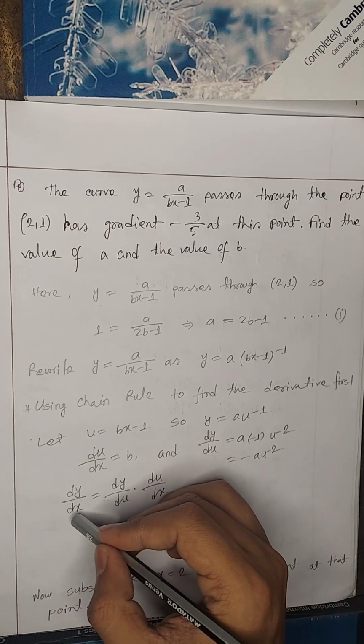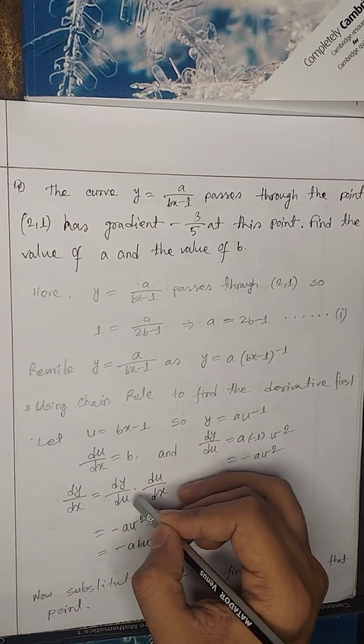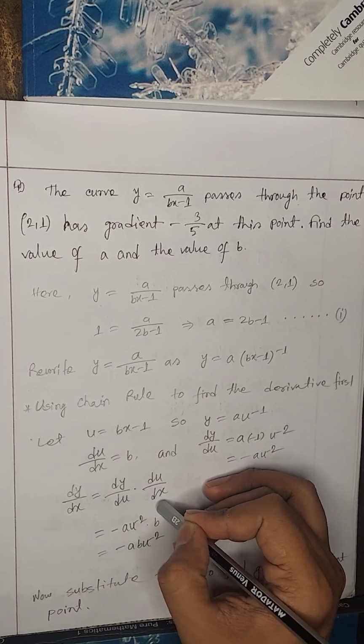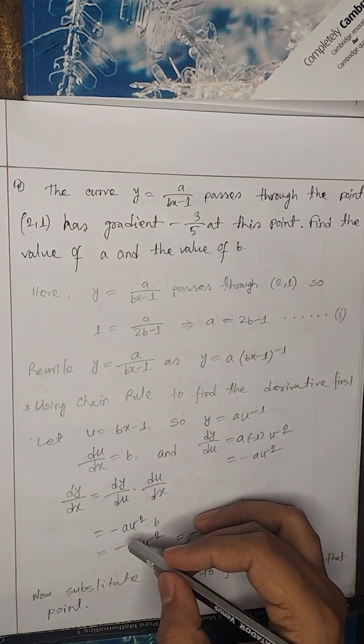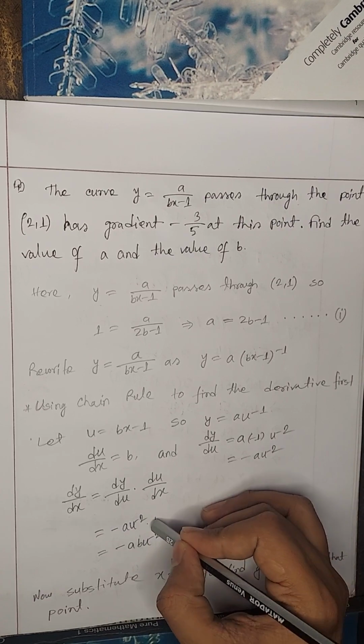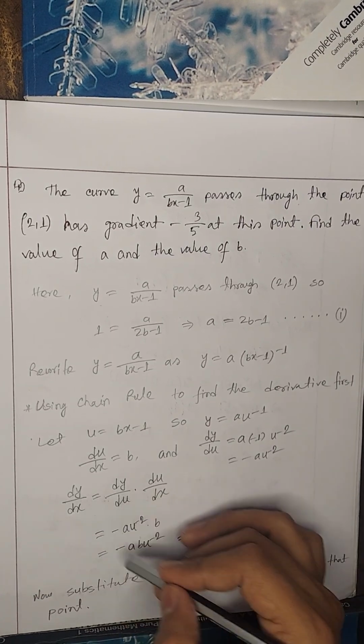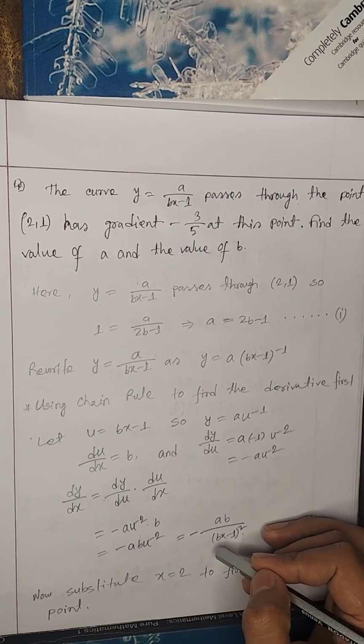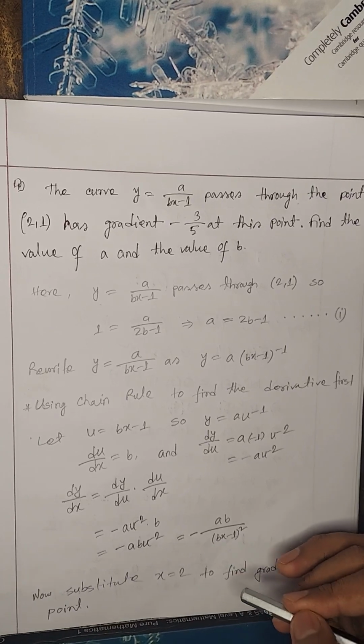And dy by dx is equal to dy by du times du by dx, and dy by du we know is minus a u to the power minus 2, and du by dx is b. So dy by dx is equal to minus ab divided by (bx minus 1) whole square.